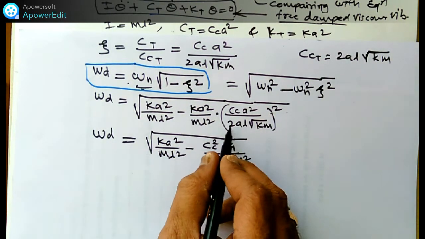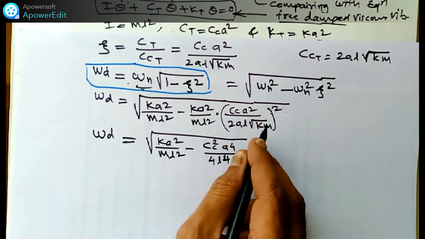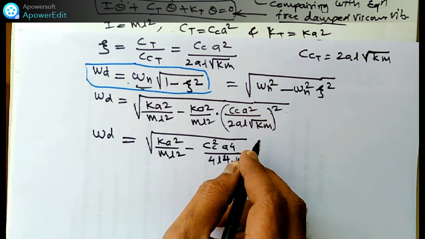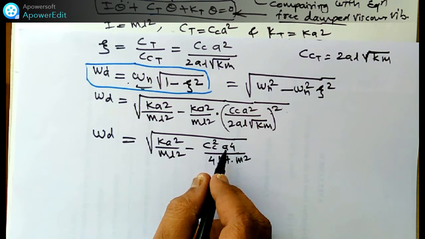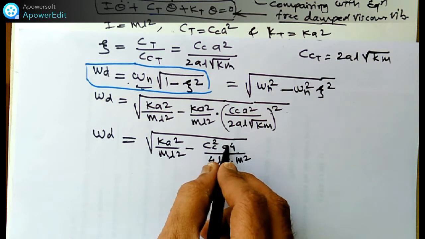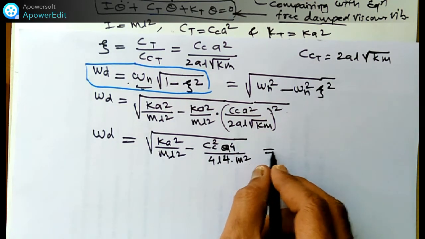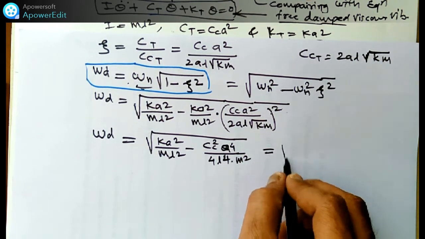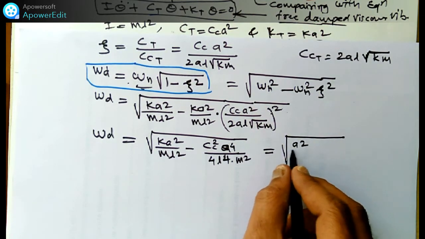And if we take the common values here, the a raised to 4, the a square will get cancelled, common. So we can write like this also: the under root of a square into L square. This common thing we have taken outside to simplify the equation.